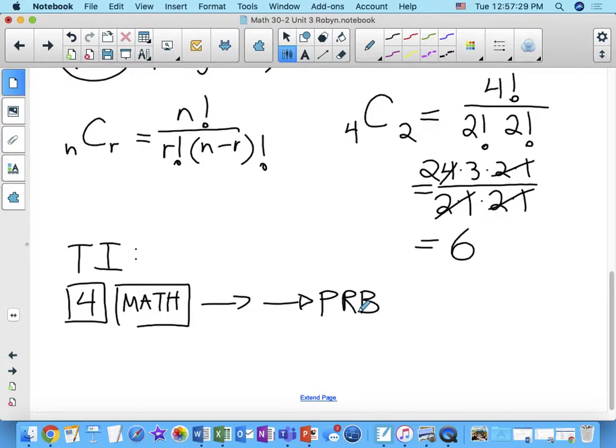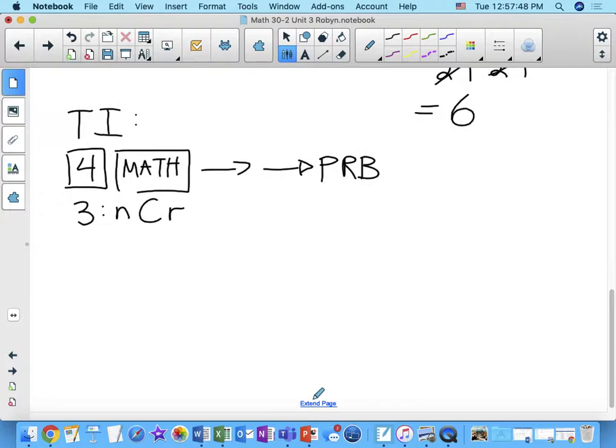Okay, and then can you guys see where NCR is? Which one is it? 3, right. So you're just going to hit that, number 3, and then you can hit 2, which is your R value, right? So then you hit 2. And then enter. And you get 6. Okay?